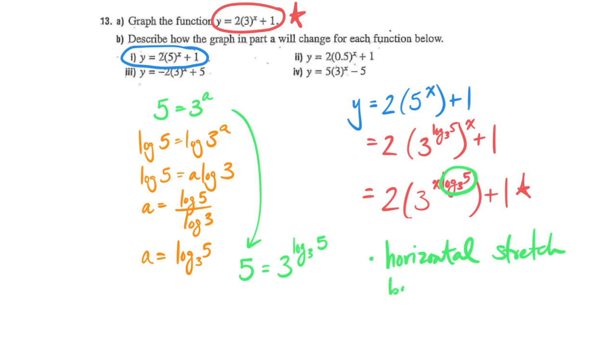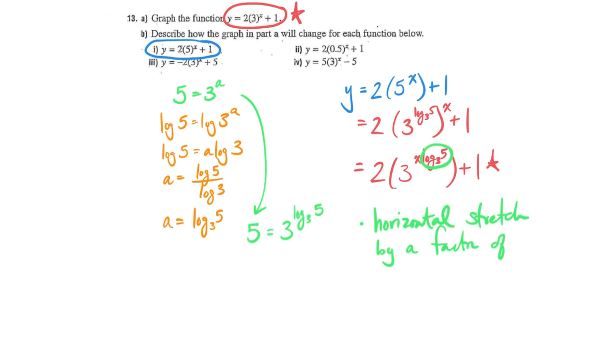You could then say by a factor of, and we have to remember that when we're on the inside of the function, we've got our opposite operation. So in this case, by a factor of 1 over log 5 from base 3. Okay, if you go to check your solution to that, that is not going to be what you see.